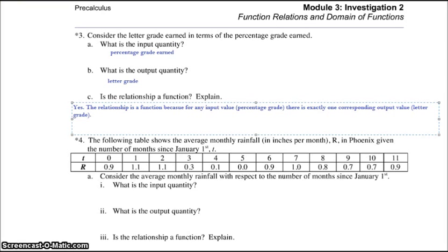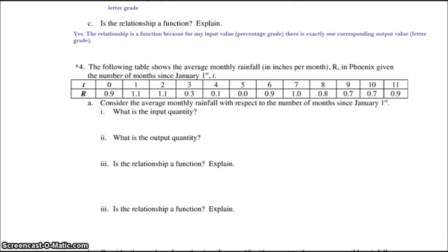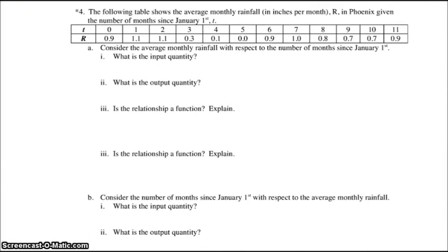If you give me any percentage grade, 81, that's our input, the output is a B. 83, the output is a B. 86, the output is a B. There's exactly one output for each input. This is different from the last problem in which we picked a letter grade first as our input, then there's all sorts of different possible outputs. So the order of your quantities really makes a difference when you're thinking about functions.